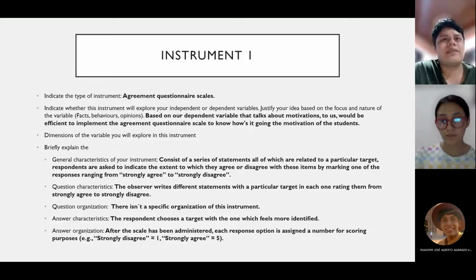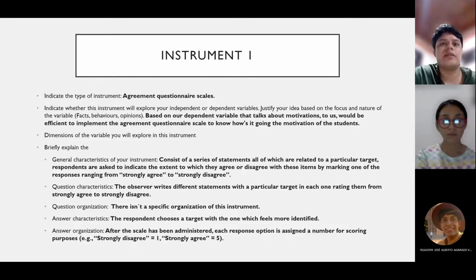Our first instrument is agreement questionnaire scales. This is based on our dependent variable that talks about motivation, and it will be efficient to implement the agreement questionnaire scale to know how the motivation of the students is going.